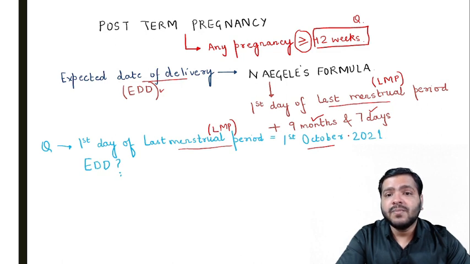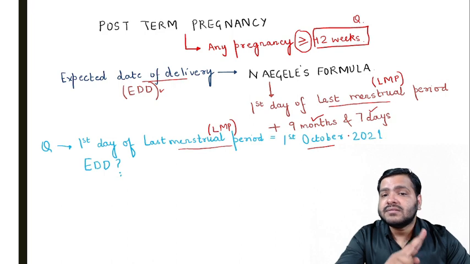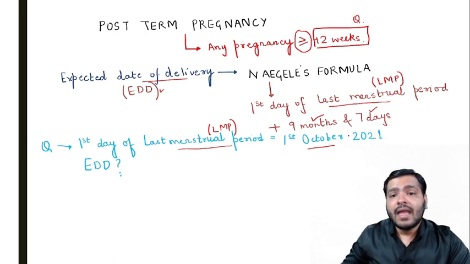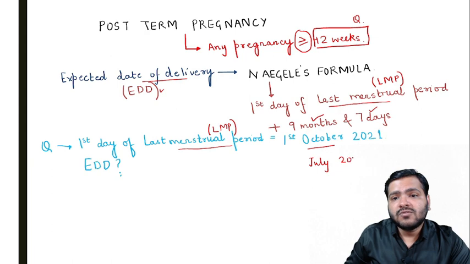You have to add 9 months to this particular date. It is already October, so adding 9 months it will be November, December, January, February, March, April, May, June, July. So it will be July 2022, and after you have added 9 months you have to add 7 days.